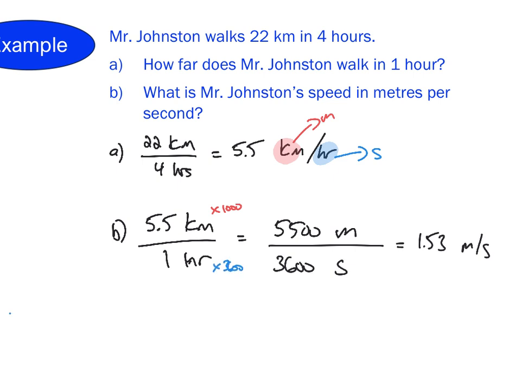And again, we got that by taking the 5.5 kilometers and multiplying it by 1,000 to turn it into meters, and then we took the 1 hour and multiplied it by 3,600 to get 3,600 seconds. And as a result, we get 1.53 meters per second. Okay?